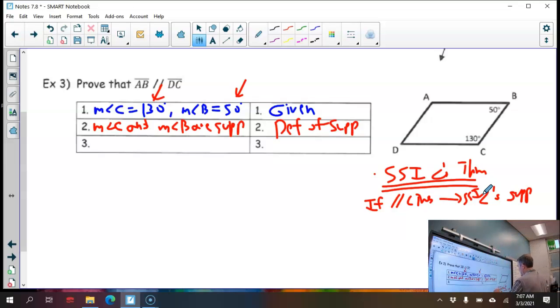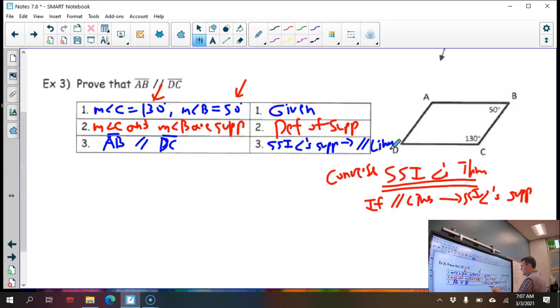And so that is known as the converse of the same side interior angles theorem. The converse switches the if and the then. So this, in my opinion, is how you should write it. You should then say, I can now say that these segments are parallel. And the reason I know they're parallel, the way I would write it is same side interior angles supplementary, therefore, right, that arrow means therefore or then, parallel lines.